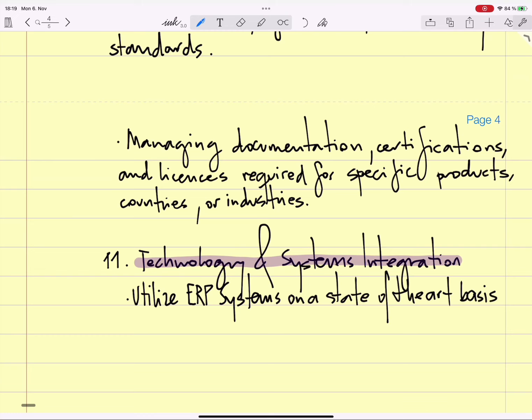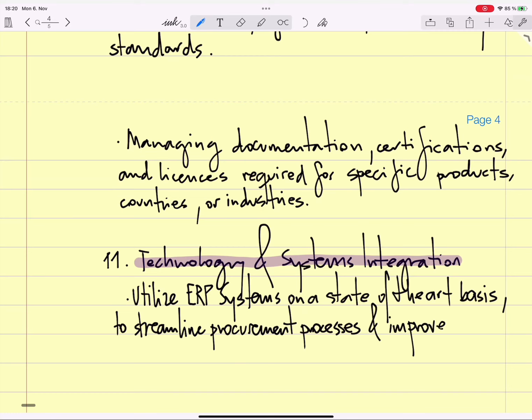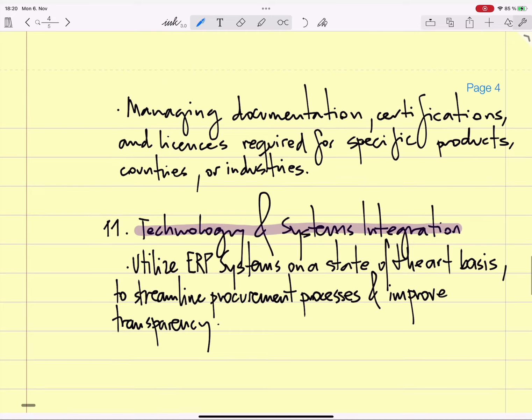Don't use Excel, you need to learn other technologies, to streamline purchasing, procurement processes, and improve transparency. Okay.